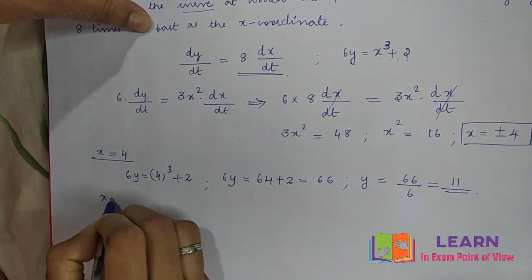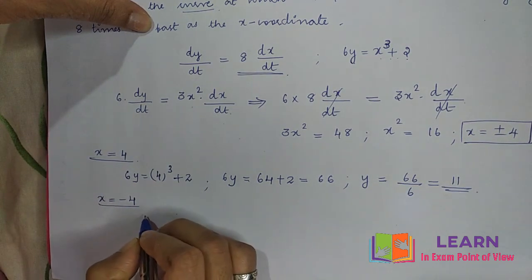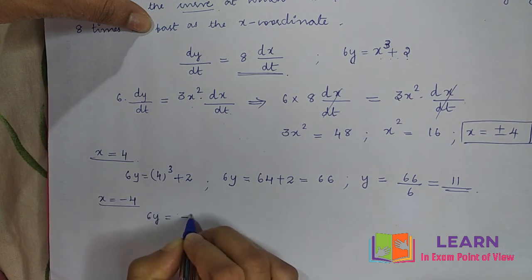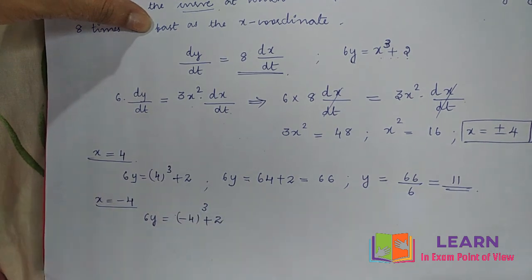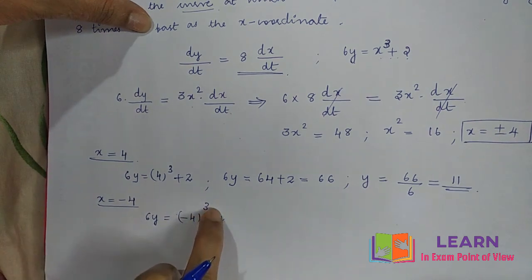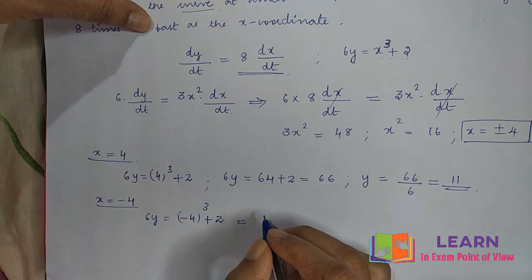One more point we have when x is minus 4. Substitute the same way: 6y equals minus 4 cube plus 2. Here the minus sign persists because it is an odd power, right?